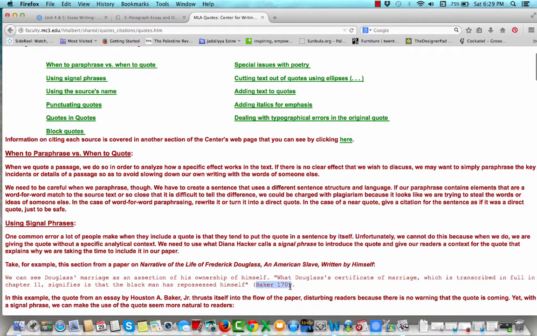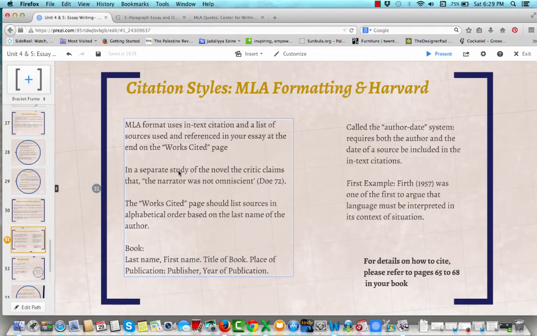Baker 170 over here. In-text citation, again, is a citation that you use within the essay itself. So there are different styles. There's Turabian, there's Chicago, there's MLA, there's Harvard, there's many different styles. Now, for literature, I would recommend MLA or Harvard, and that's what the book recommends as well because it's the most useful in humanities, right?